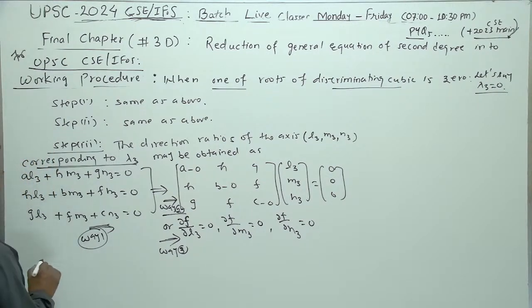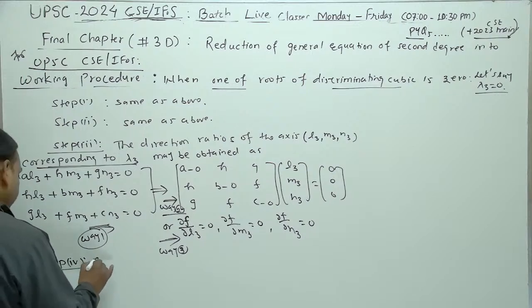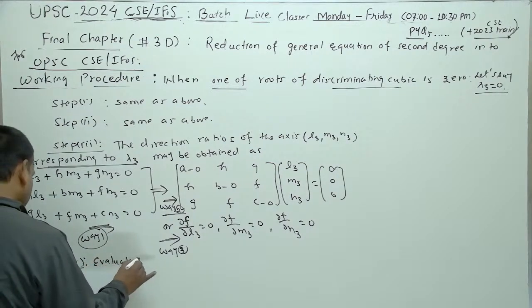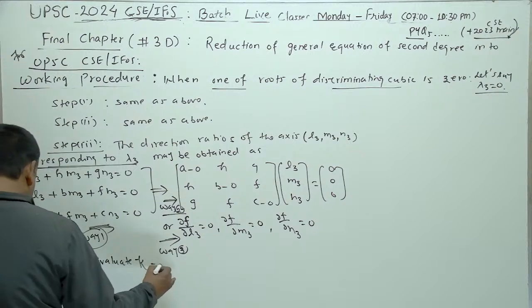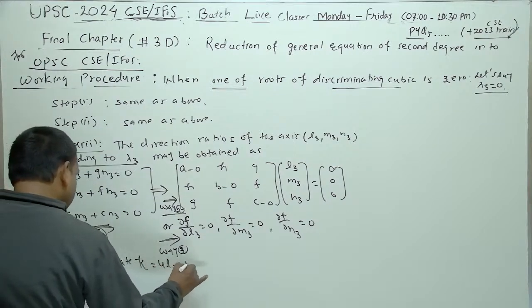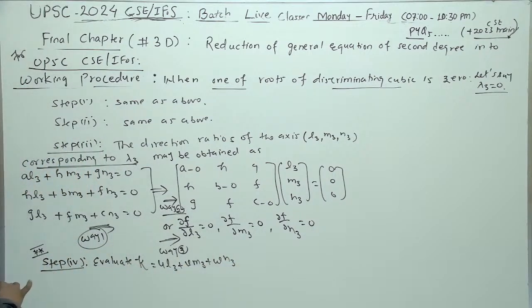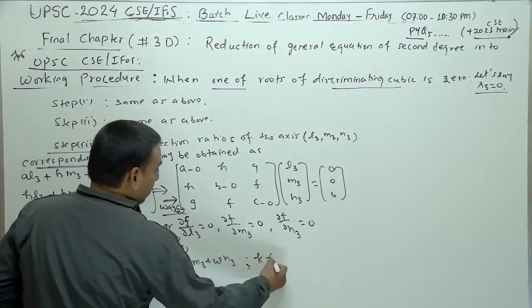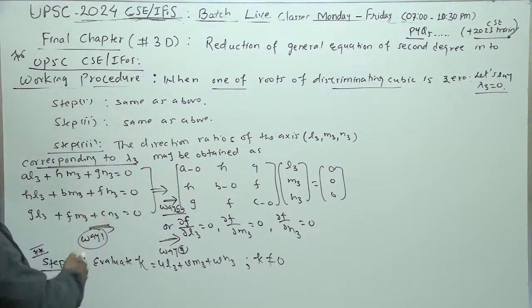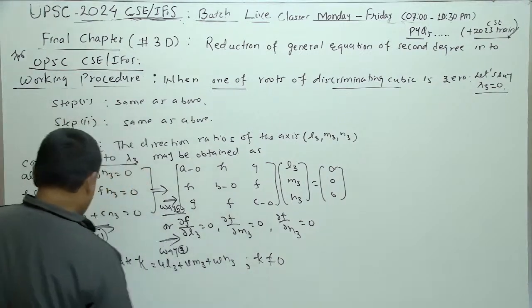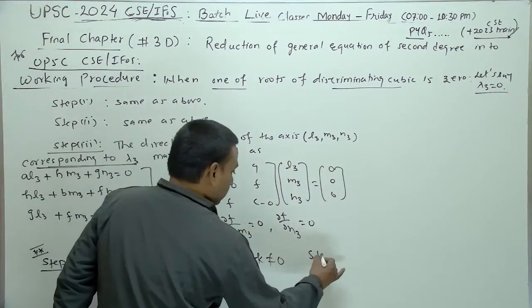यहां पे एक स्टेप ऐड होगा हमारा, एंड दैट सो आई एम मार्किंग स्टार हियर. Step 4, evaluate small k equals UL3 plus VM3 plus WN3. ऑब्वियसली यहां पे जो हमारा k का वैल्यू आएगा, वो k not equal to 0 के लिए वी विल बी फॉलोइंग फर्दर. स्टेप 5 यहां लिख दो.